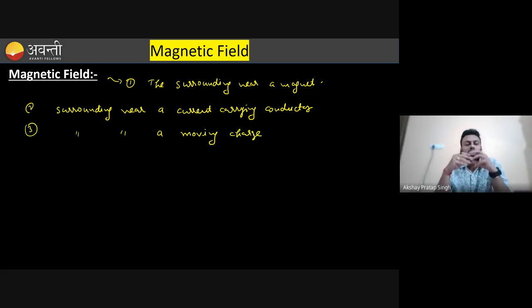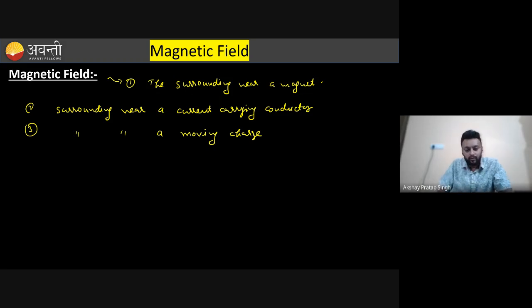Now, if I conclude the things, what is magnetic field? The surroundings either near a magnet or a current carrying conductor or a moving charge is known as magnetic field. What it does, it exerts force on similar type of things, like it can exert force on a magnet, on a current carrying conductor, on a moving charge. So we can conclude that a current carrying conductor or a moving charge creates magnetic field, and it exerts force on a magnet, on a current carrying conductor or a moving charge.